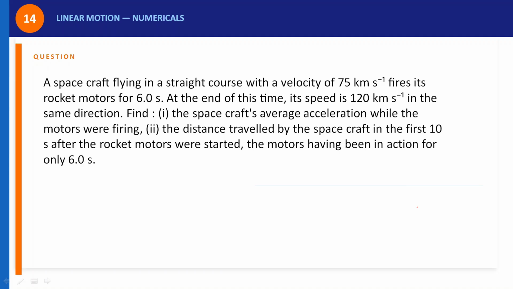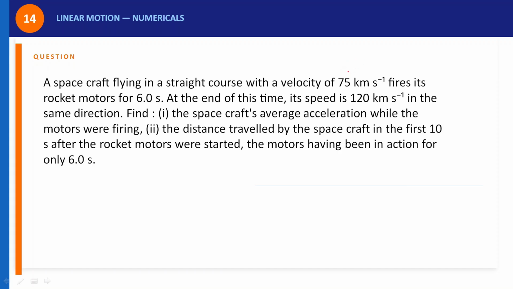Find the spacecraft's average acceleration while the motor was firing. The distance traveled by the spacecraft in the first 10 seconds after the rocket motor was started, the motor having been in action for only 6 seconds. Only 6 seconds.